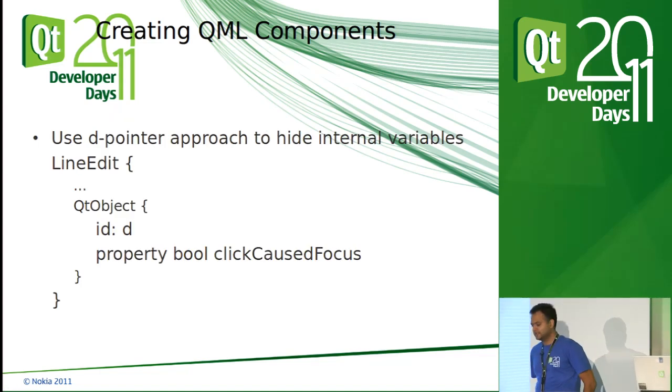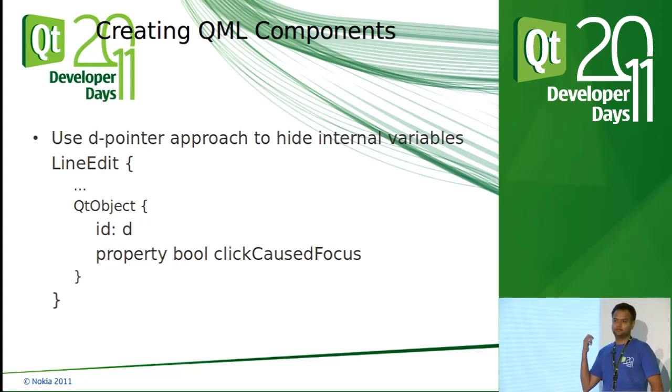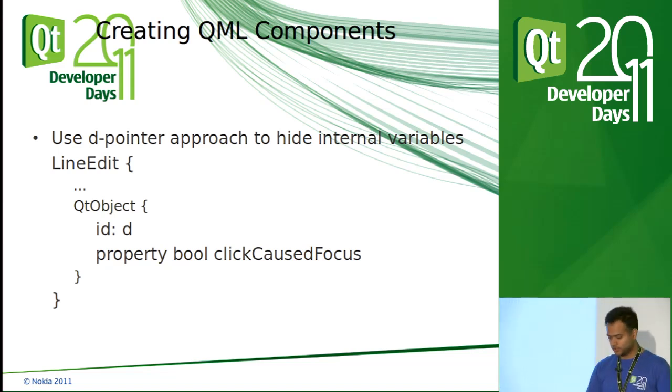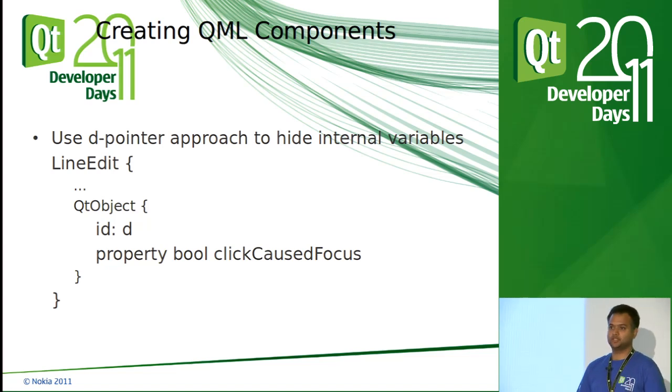When you design components, you can hide the internal implementation of the components using the d-pointer approach. This is basically the pimpl approach in C++. What you can do is create a QtObject. A QtObject is essentially a QObject to which you can add properties in QML. So here, clickedOutsideFocus is an internal property of the line edit. There is no way that users of line edit can actually use clickedOutsideFocus, thanks to QML scoping rules.